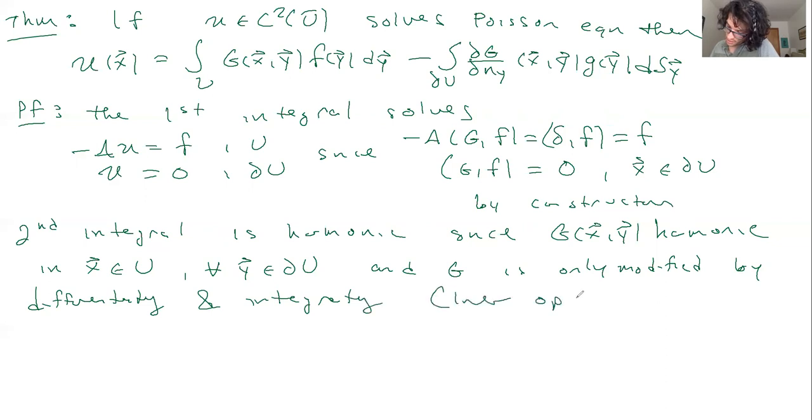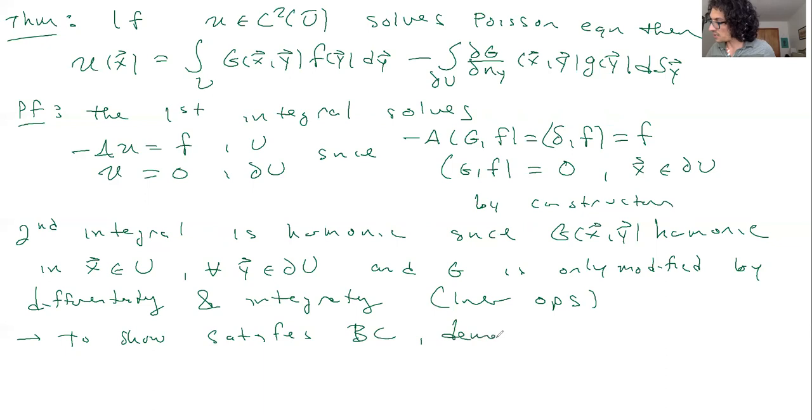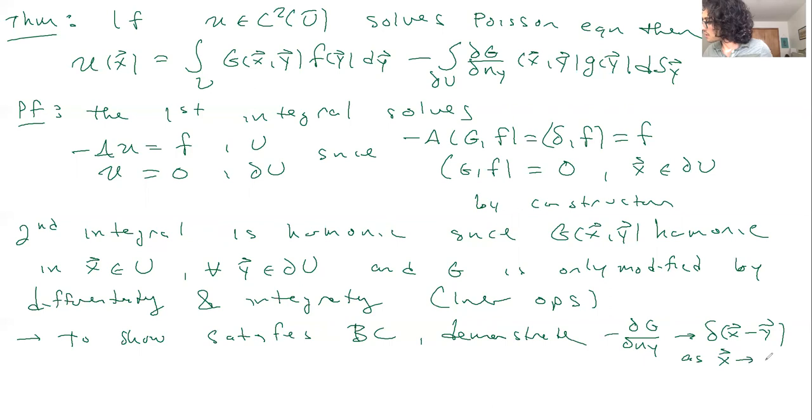Which are both linear operations, right? So to show that it satisfies the boundary condition, what do we need to do? We need to demonstrate essentially that minus dG/dn_y goes to a delta function, delta distribution, as x goes to the boundary, okay?